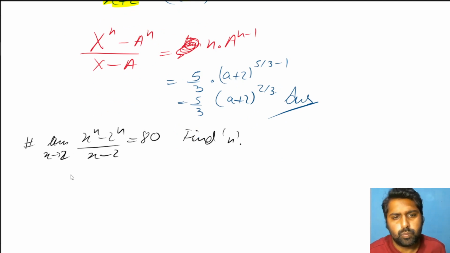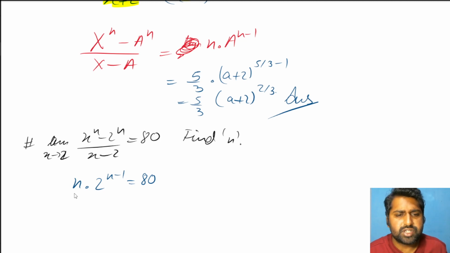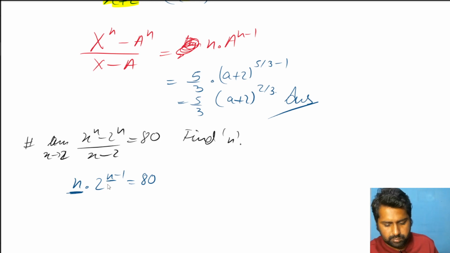So how will we do that? This is a standard limit, so use the formula. That will be n into 2 raised to power n minus 1, that's your 80. And the problem is, this is an equation in which the variable is linear as well as in the power. There's no way to solve it properly.